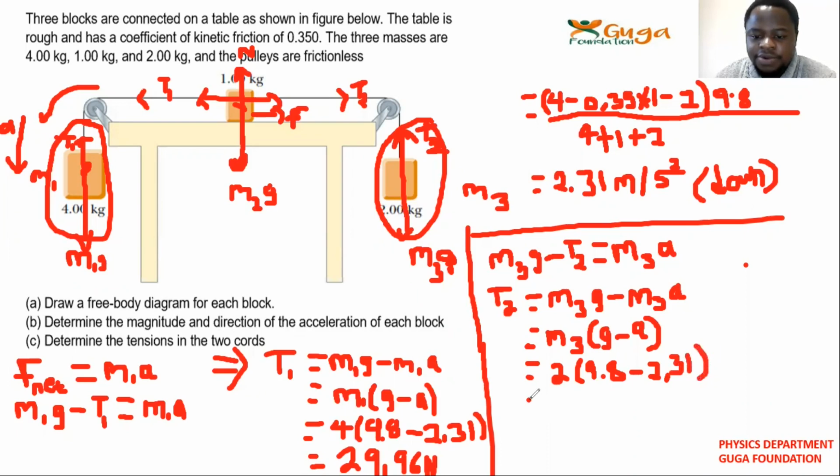Right? So when you put that in a calculator or when you just solve, you know, a simple mathematics, you should get about 24.22 Newton.